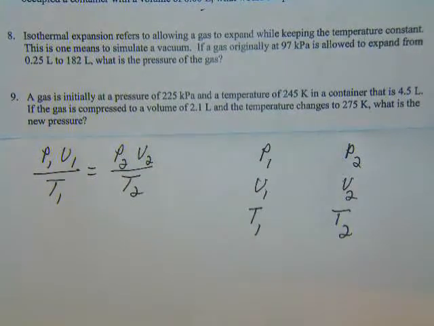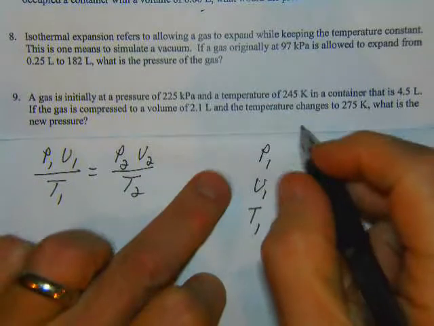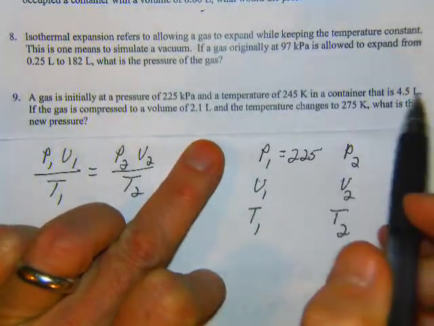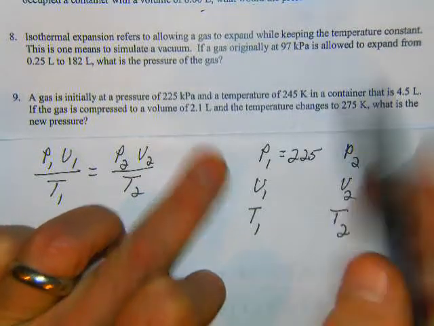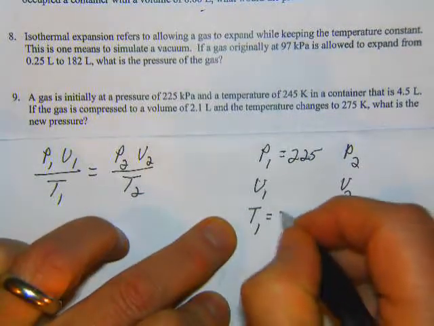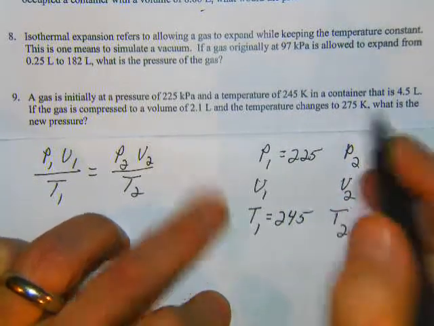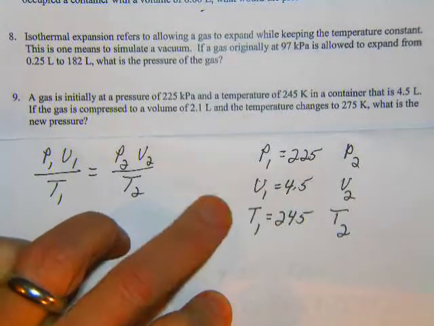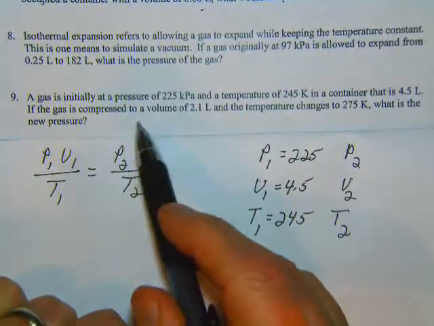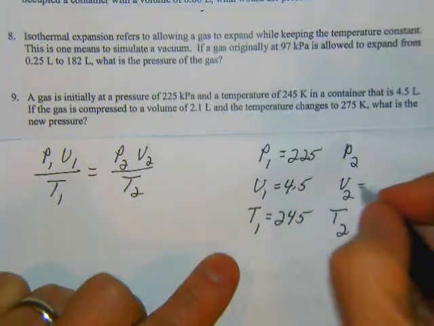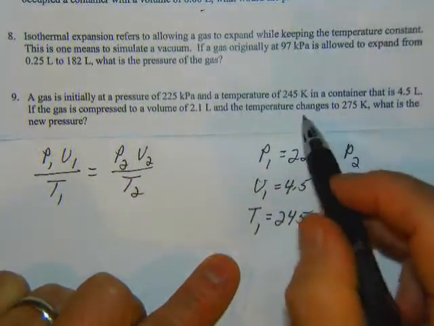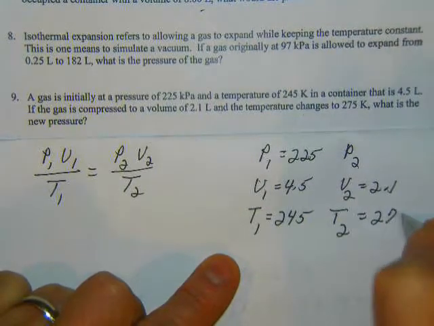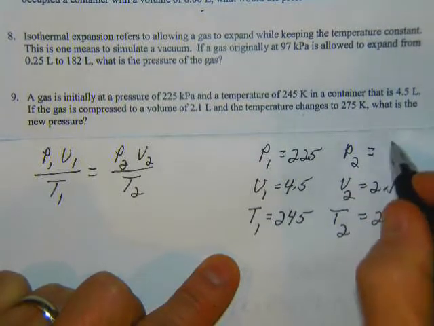We've got a gas initially at a pressure of 225 kilopascals, so we've got 225, and a temperature of 245 Kelvin, so we're good there. We don't need to change it because it's already in Kelvin. In a container that's 4.5 liters. If the gas is compressed to a volume of 2.1 liters and the temperature changes to 275 Kelvin, so we don't need to change anything, what's the new pressure?